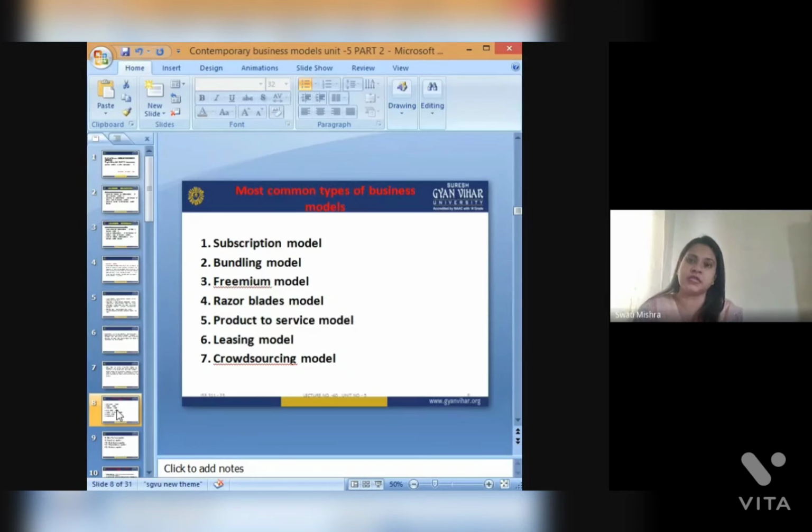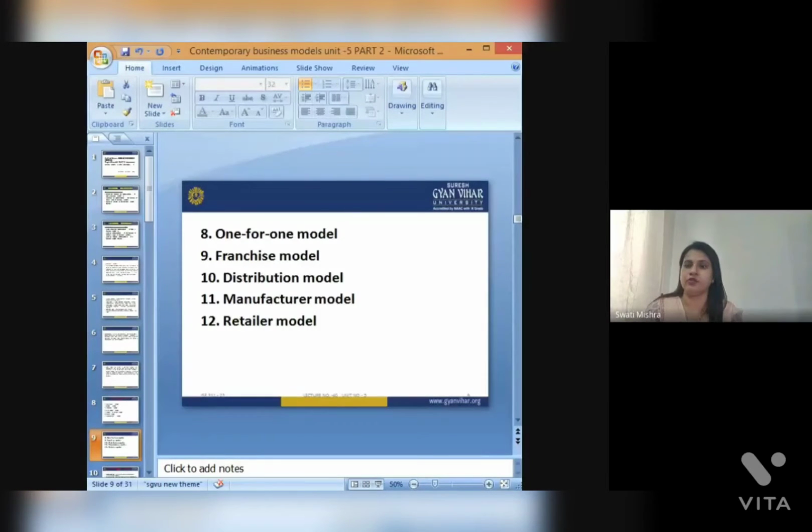I have listed a few contemporary business models here: the subscription model, the bundling model, the freemium model, the razor blades model, the product to service model, leasing model, crowdsourcing model, and there are a few more like one for one model, franchisee model, distribution model, manufacturer model, and retailer model.